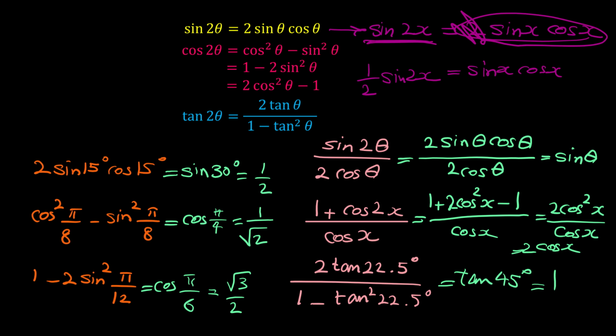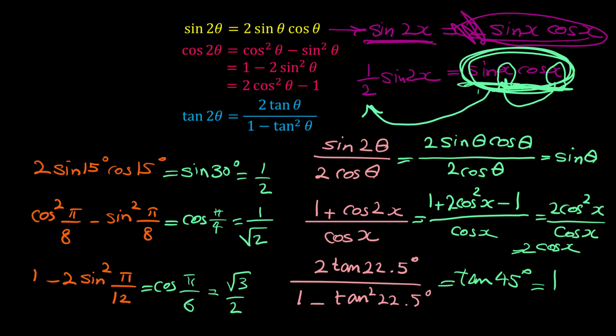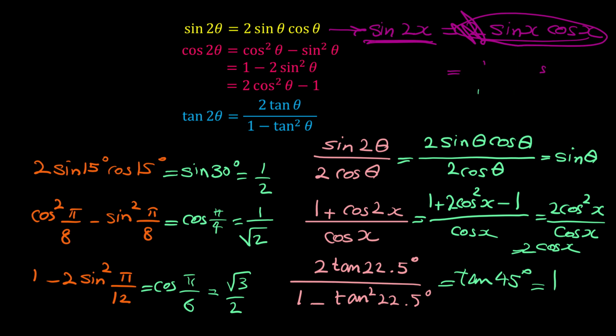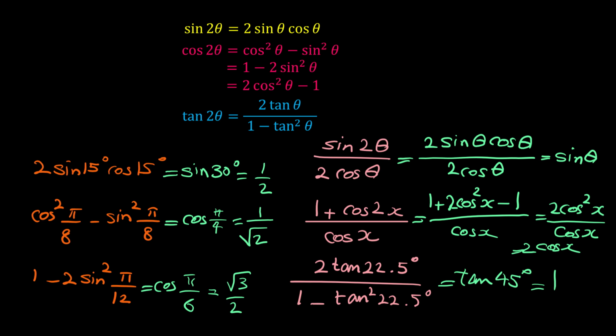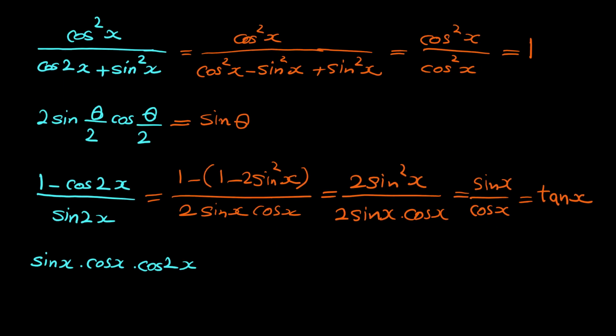So from now on, whenever we see a sine with an angle multiplied by a cosine with the same angle, we can combine these two and write it as 1/2 sine of double of that angle. Sine of x times cosine of x is 1/2 sine of 2x. So let's see what we had here.